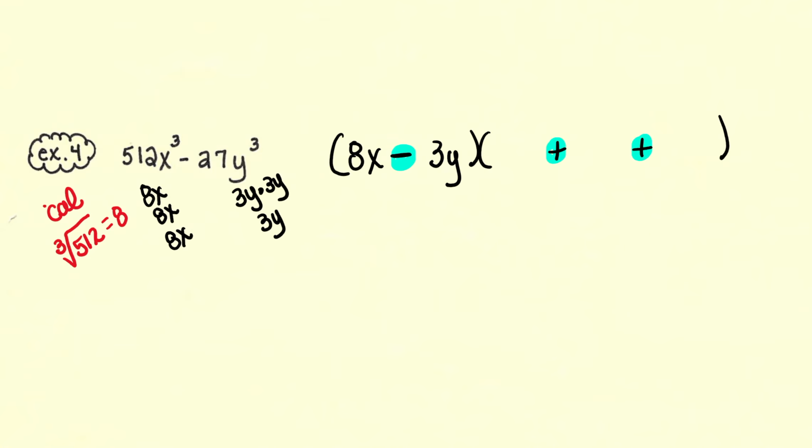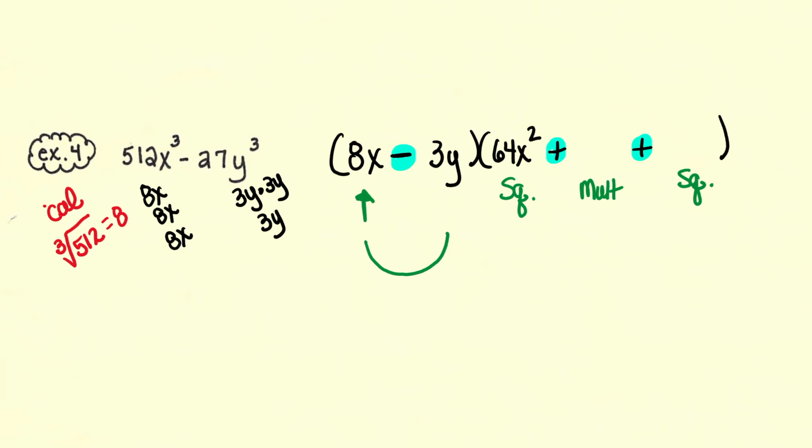And now fill in your spaces of square, multiply, square. Go to your short and square that. We're going to square the 8 and the x. 8 squared is 64, x squared of course.